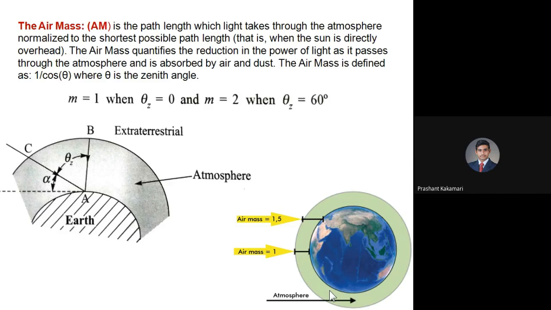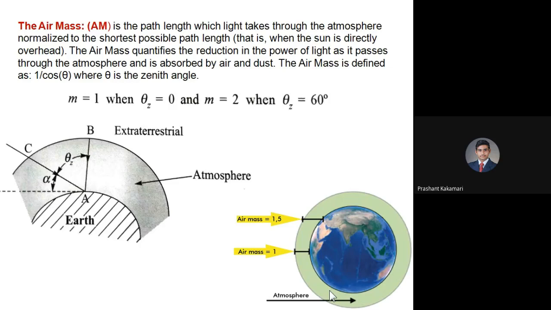So what is required here is to find out how much disturbance from the atmosphere is taking place for the given angle of the sun's radiation. If you see at 60 degrees, taking the 1 by cos theta relation, or a ratio of AC by AB, the air mass is 2, which means there is more loss in the solar radiation.